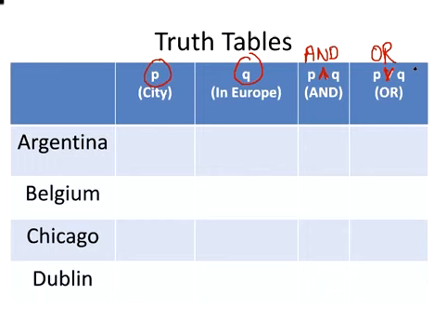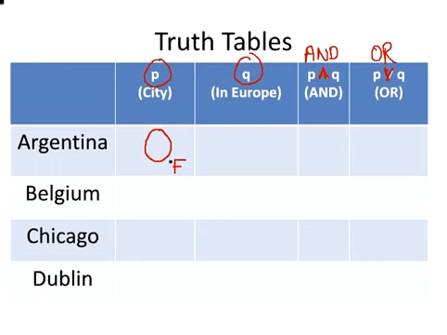I picked out four very well-known places. And what we're going to do is first off determine whether or not the place is a city. So first off we have Argentina, and that is not a city. So I'm going to put 0 here, although it's equally valid to actually use F for false, but I'm going to use 0 and 1 to represent true and false here.